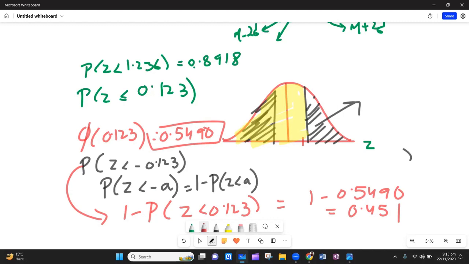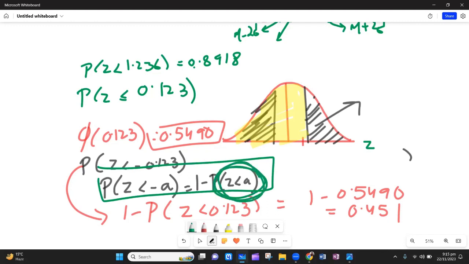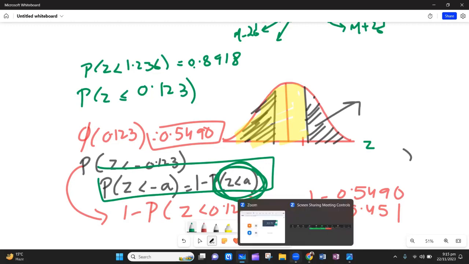So then you can do 1 minus probability Z is less than 0.123. And we have concluded this general rule, which is very important. Only this you can read from the normal distribution table, and then you can get the answer. Okay, another example.